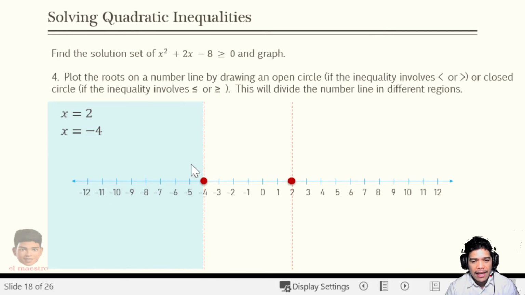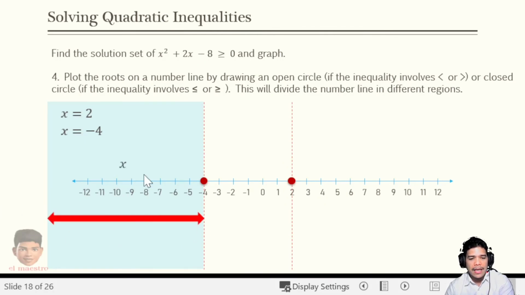Kasi ang integers na nandito is negative 5, negative 6, negative 7. So, meaning, until there, going to negative infinity, lahat ng values na yan is less than negative 4. So, that is why in this region, you have x is less than negative 4. Okay? So, that is the condition natin sa first region.